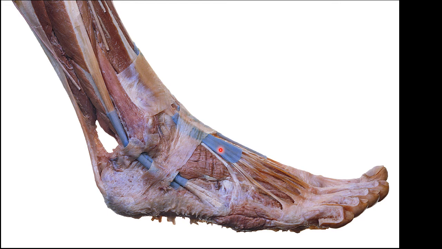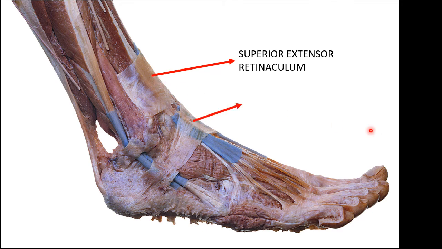Now the fibrous sheets. Here you can see the superior extensor retinaculum. This structure may be pinned and they ask you to identify the structures running beneath the superior extensor retinaculum. Then here you can see the inferior extensor retinaculum. It is actually a Y-shaped band. As the picture has been taken from the lateral aspect, we could not see clearly the two bands of the inferior extensor retinaculum. The same question they may ask: what are the structures passing beneath this fibrous sheet?